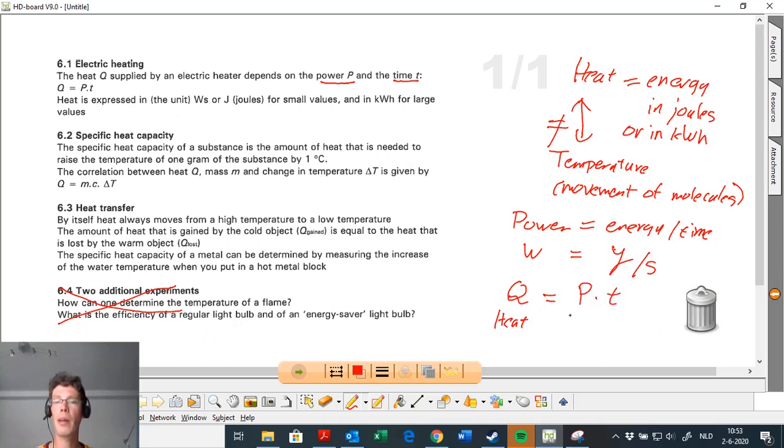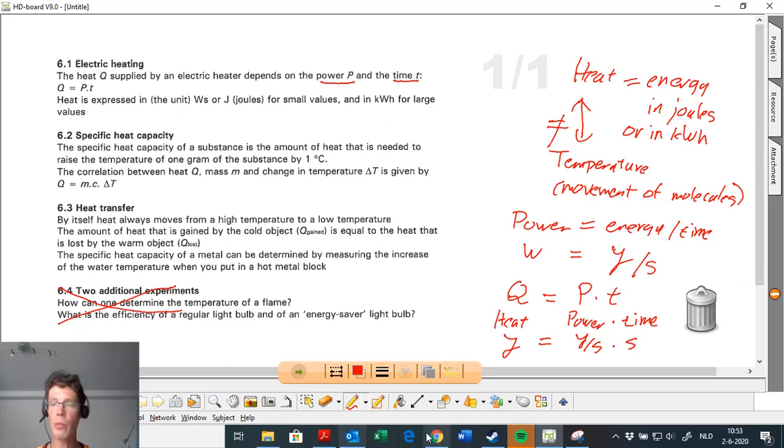Then I'm multiplying something with the unit joule per second by time, which is in seconds. So when I multiply these, the seconds cross out and I am left with the unit of joules.